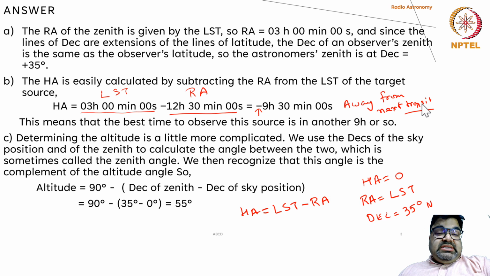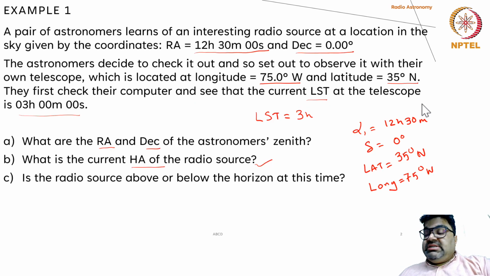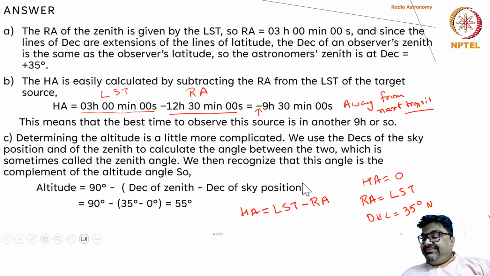What is the third question? The third question is, is the radio source above or below the horizon at this time? So we calculate the altitude of the source.